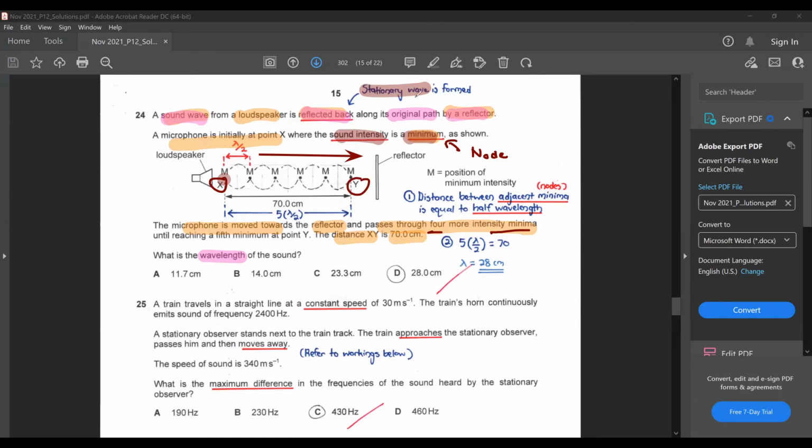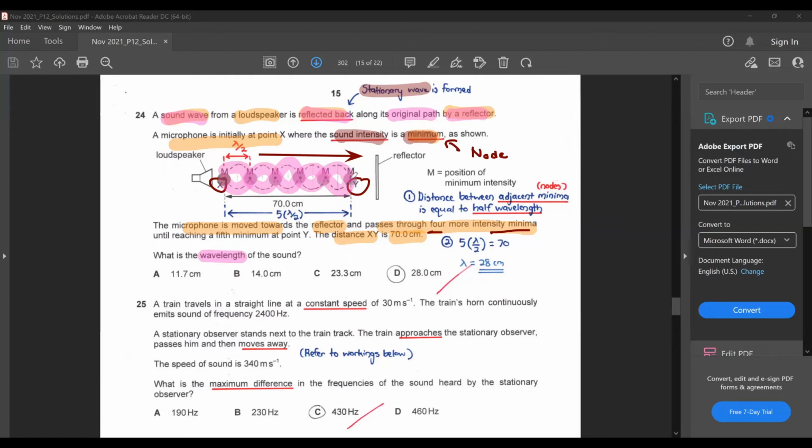It helps to draw your stationary wave. In my case, I've already drawn it on my paper because I know that each of these points represents an intensity minimum, each a node. If I try to draw the shape, it will look something like this. This is my stationary wave shape.